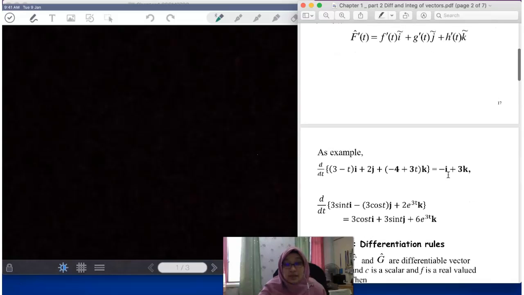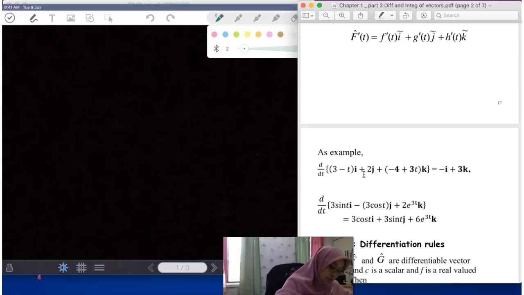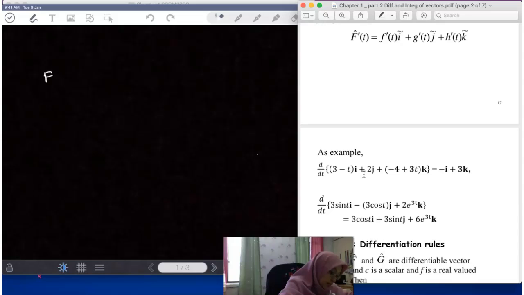Okay, as for the example here, I just rewrite on the board. I put the vector function in component form, where f of t is given by 3 minus t, component y is 2, and component z is minus 4 plus 3t.